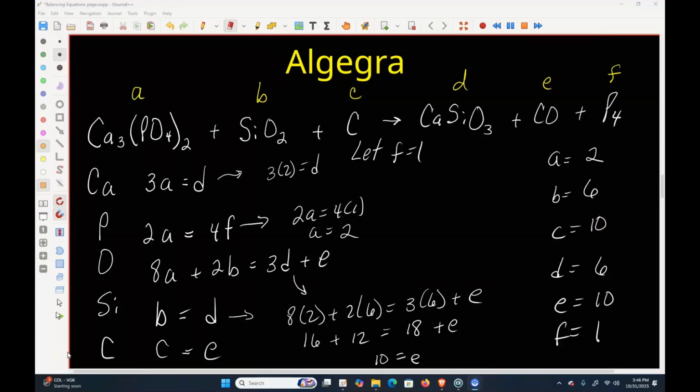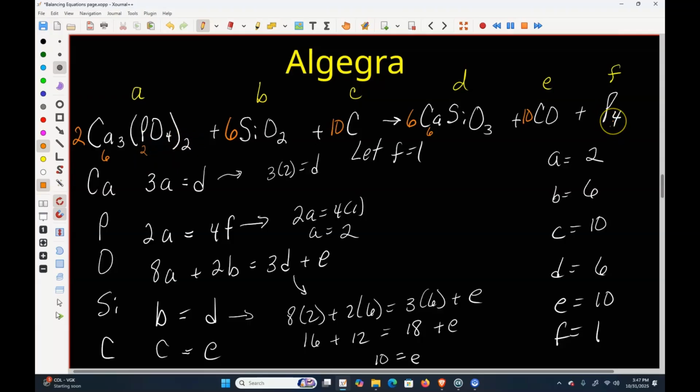So let's check this. So let's go ahead and substitute in. So I have 2 here. I have 6 here. 10, 6, 10, and 1. So 2 times 3 is, I have 6 calciums. I have 2 phosphorus. Times 2 is 4.